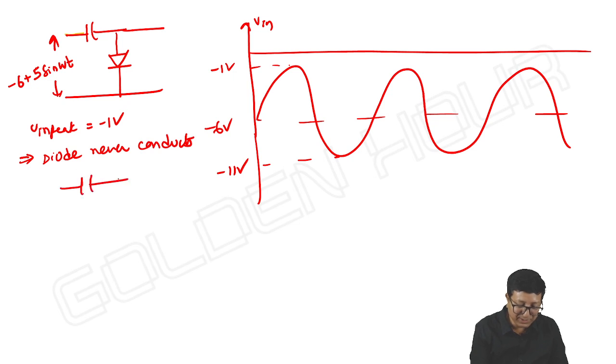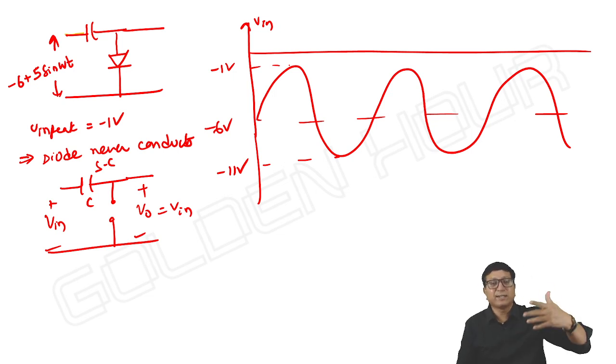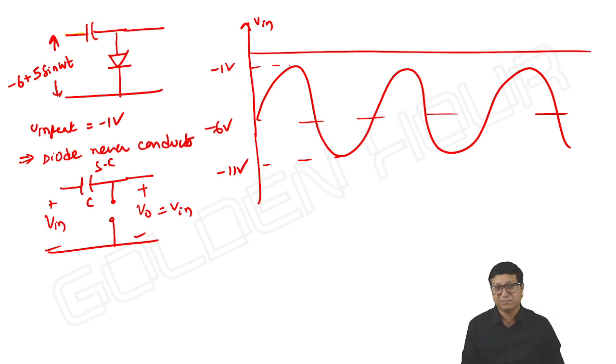Once the diode is not conducting, it always acts as an open circuit. Means the capacitor never charges. The capacitor always acts as a short circuit. So what is our output, friends? Output is equal to simply input. That's it. So it's not like any input of your choice can be applied. If so, your output will be like this.